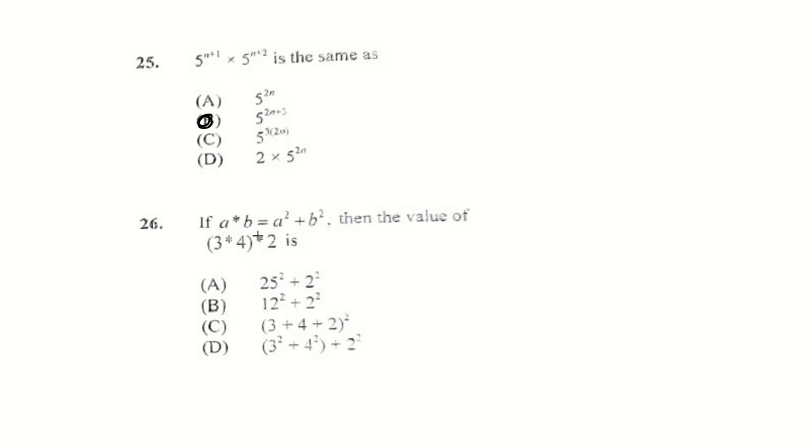If a asterisk b is a squared plus b squared, then the value of 3 asterisk 4 asterisk 2 is, so first off, this is a and this is b, so this would be 3 squared plus 4 squared, 3 3s are 9, 9 plus 16 is equals to 25, right? And 25 asterisk 2 would be 25 squared plus 2 squared, which is A. And that is the end of January 2023.